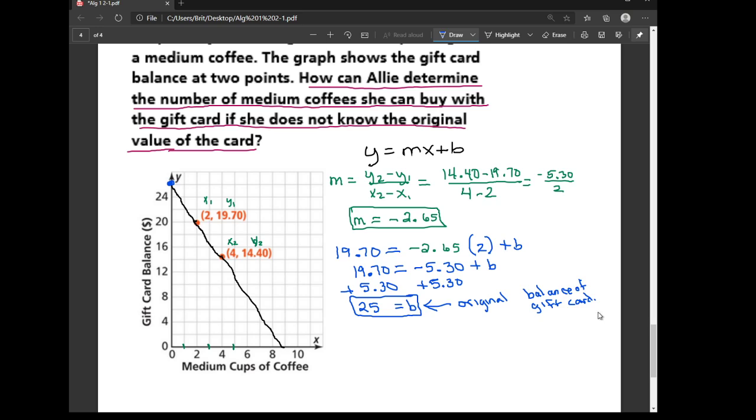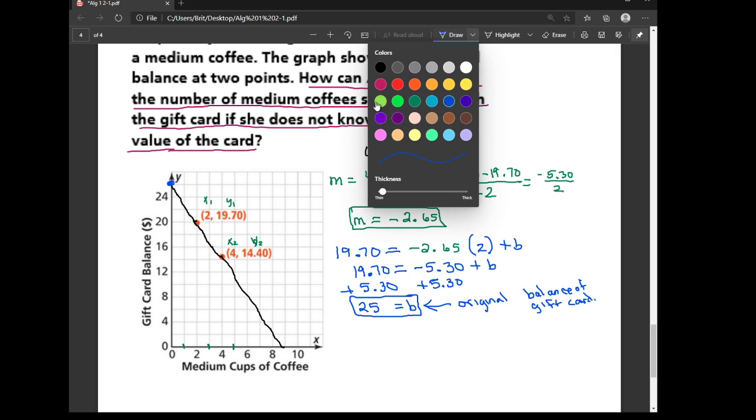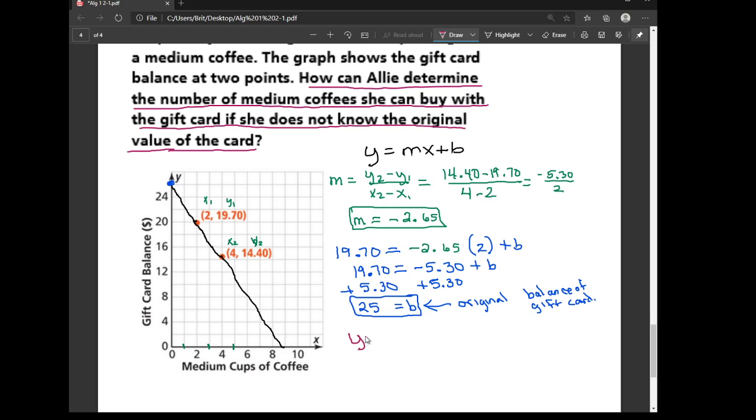Okay, so now there's a couple of ways that I can continue here. I know that I have the equation y equals m, which is negative 2.65 x plus b, which is 25.